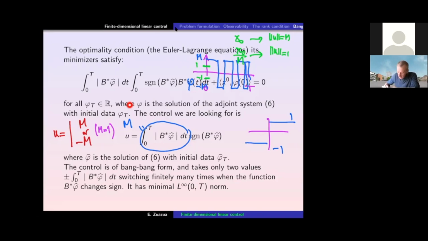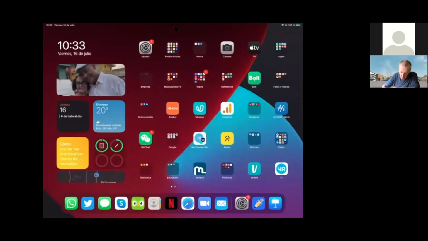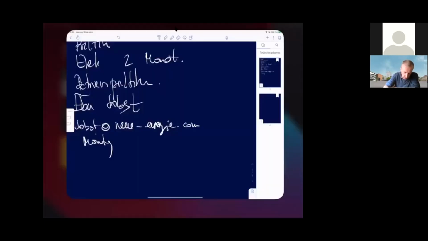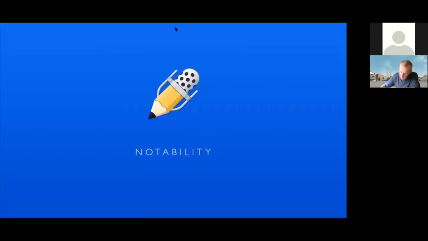Maybe I can switch to another app to write it better. Do you see now the blackboard? Can someone please confirm whether you see a blackboard in which I am writing?